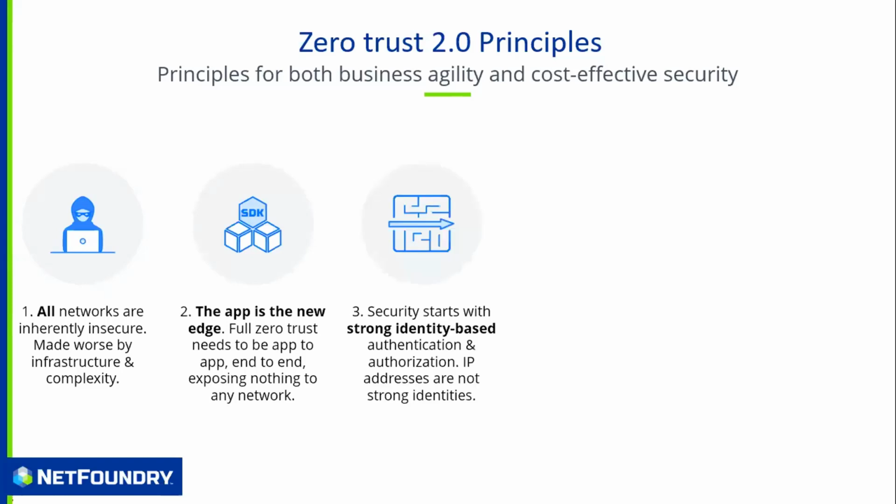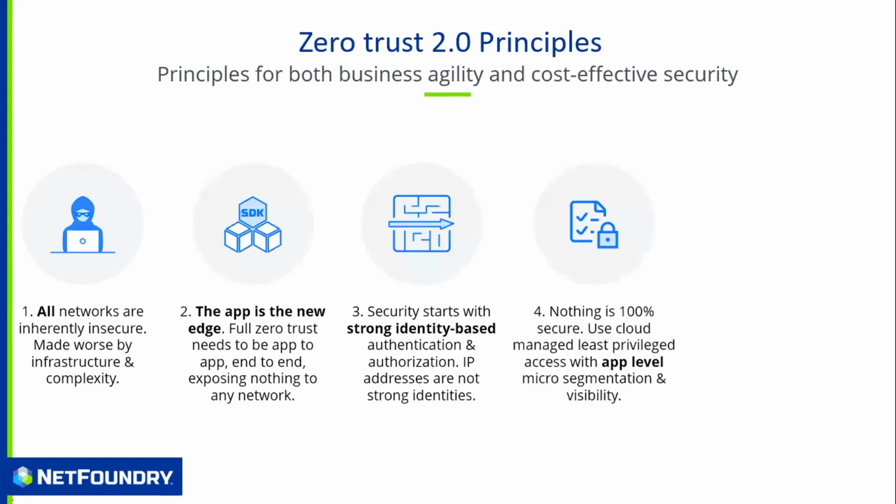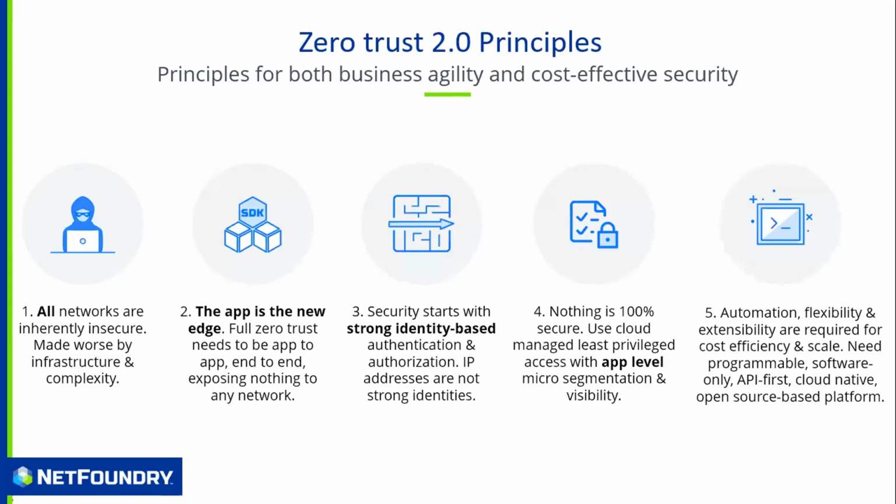And because we don't trust the network, we can't trust IP, therefore we need to start with very strong identity and do authentication and authorization before any connection is established. And fundamentally, we also need to use least privilege access and micro-segmentation. Last but not least, we need to do everything as code with APIs, because only code can move as fast as code.